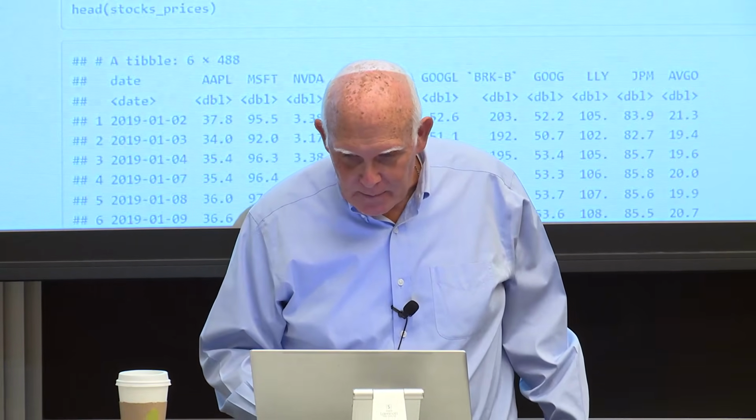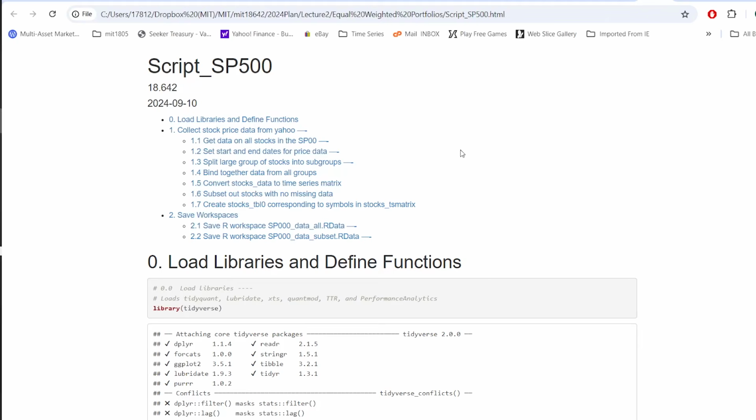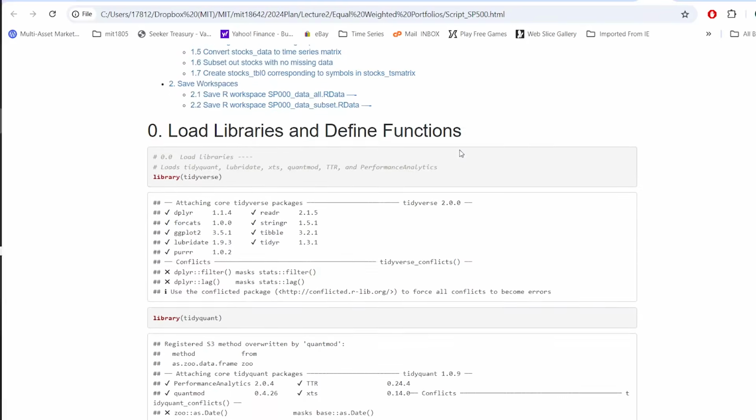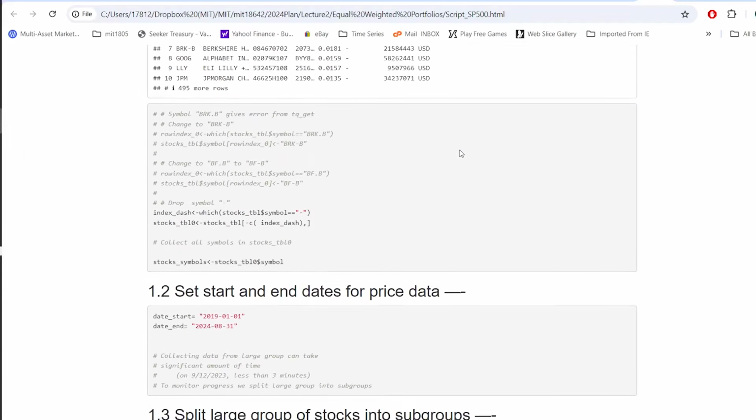With this output, there was one program called script SP500, and there's a table of contents for this R script, which says it loads libraries, then collects stock prices, and then saves the workspace. So the commands are all very simple in here.